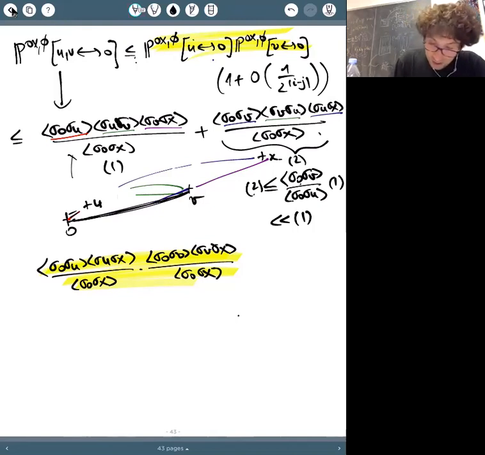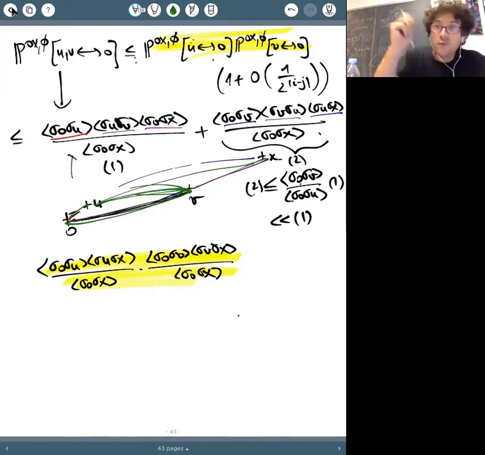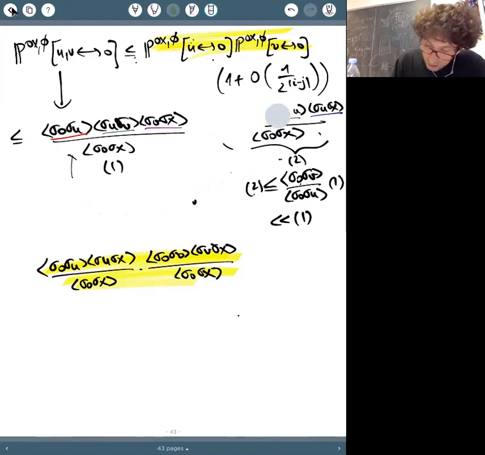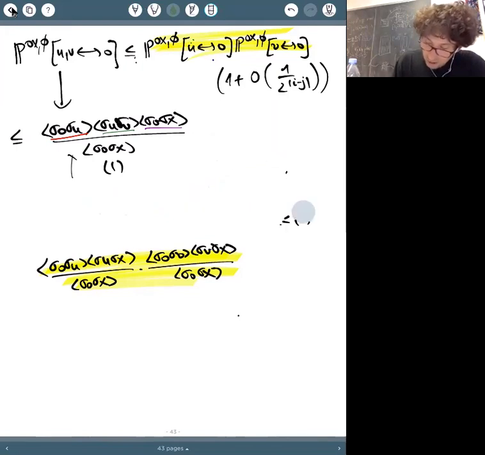In one case, you do this, then this, then this. And in the other case, you do that times this, times this. So the second guy, you go very far away, and the first spin is way too small. So all of that to say that I can ignore this term. This term is negligible.